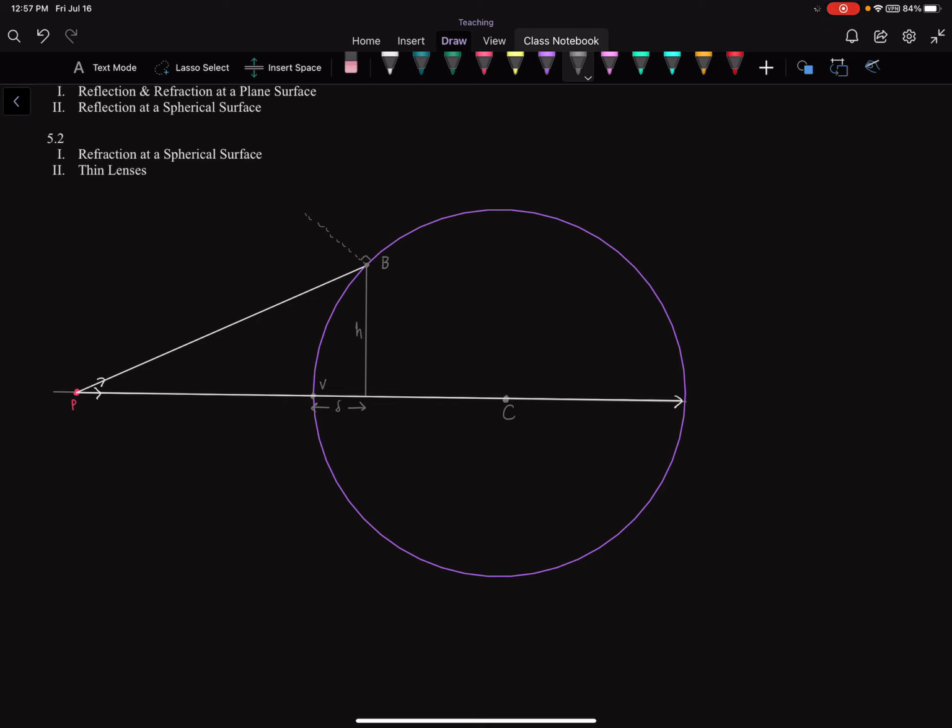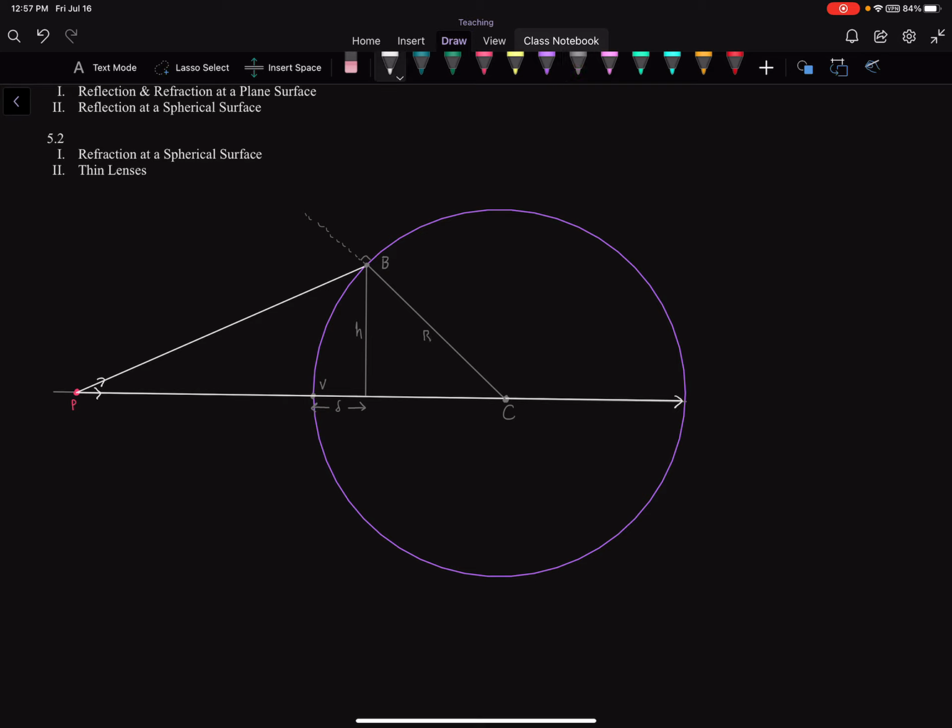And we can also, while I'm at it, label the center of curvature R, and we'll just do it right to this point B because it'll be useful for the triangles that we're going to consider, just like before. So that is our radius, R.